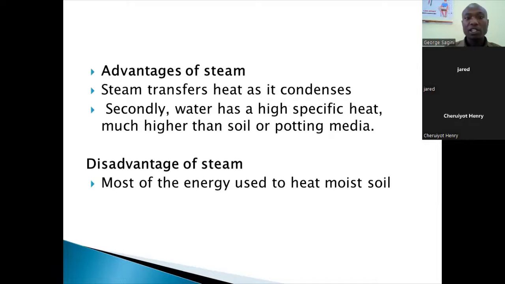Secondly, steam has high specific heat compared to water, and is therefore much preferred when sterilizing the soil as opposed to use of hot water. The disadvantage of steam, however, is that you may need more energy to sterilize that soil, because the soil will always become moist.